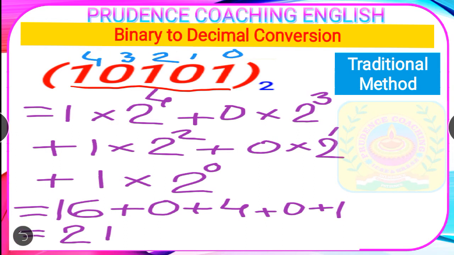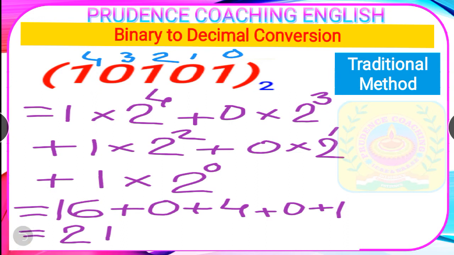Next, after counting, we will add an equal to sign, and after the equal to sign we will look at the first digit, that is 1. 1 into, here the base is 2, so we will write 2 here, and the power of 2 will be the last count. Here this is 4, so 1 into 2 to the power 4.